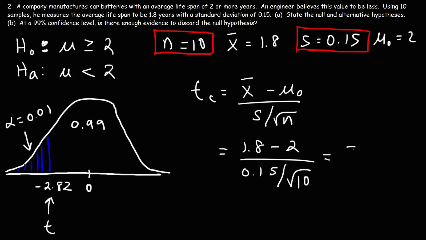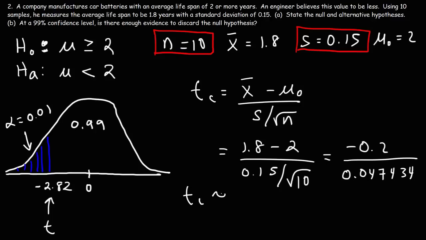So 1.8 minus 2 is negative 0.2. And then 0.15 divided by the square root of 10, that's approximately 0.047434.